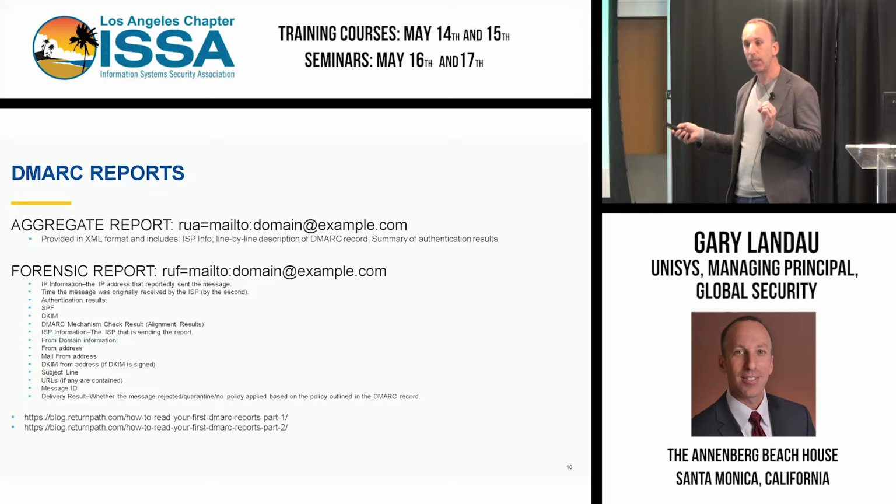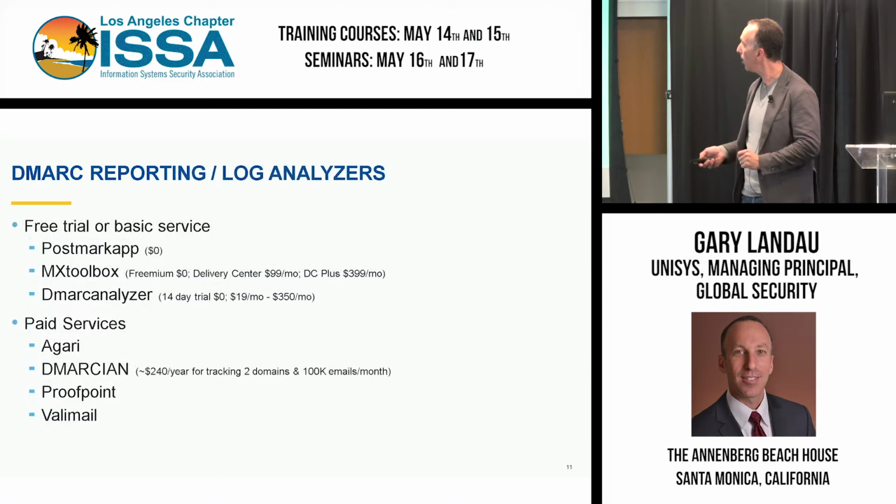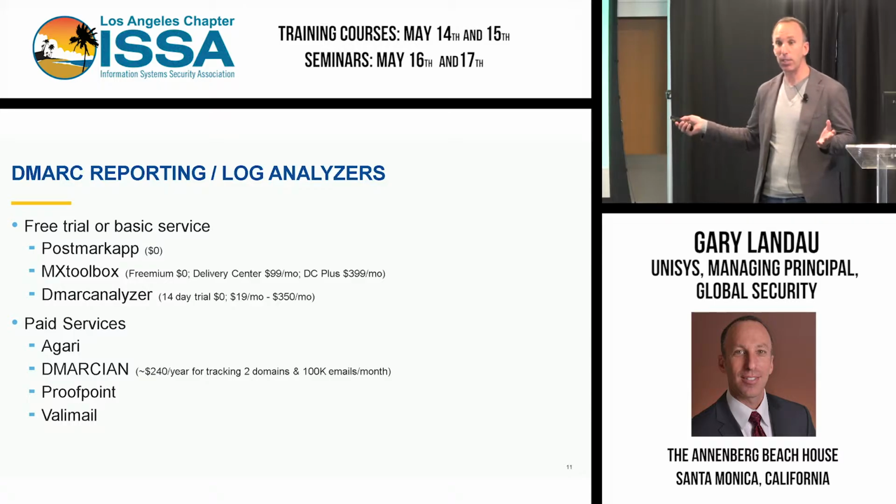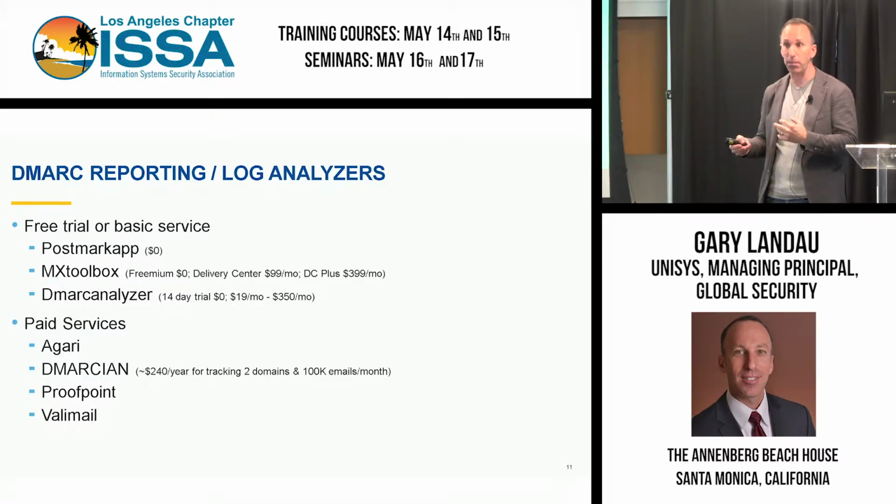And if you don't have DMARC, I recommend you talk to your email administrators, or if you're the email administrator, you set up this record just to be able to collect this reporting information. Now, the logs from DMARC can be very numerous, hard to parse through, just like parsing through an email header.